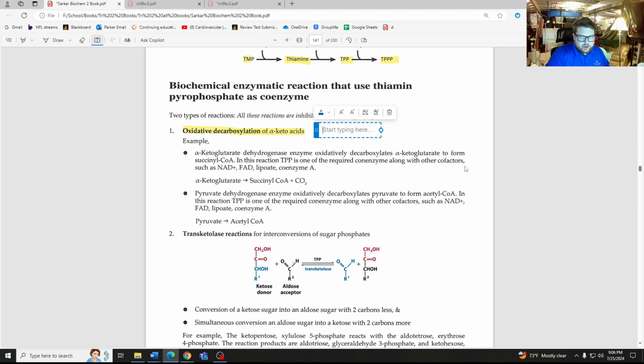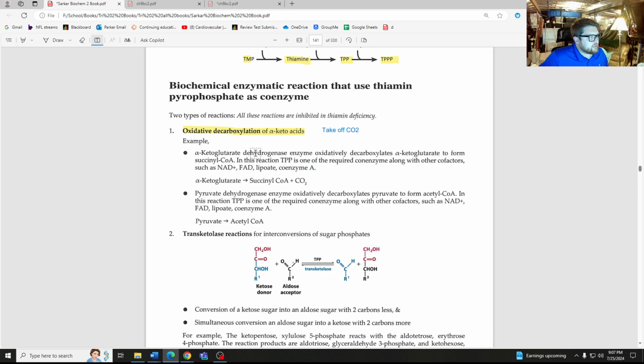Big fancy way of saying we take off that CO2. So a lot of those reactions, when we think about Krebs cycle or glycolysis, anytime they were pulling off carbon dioxide, that is going to be our B1 thiamine.